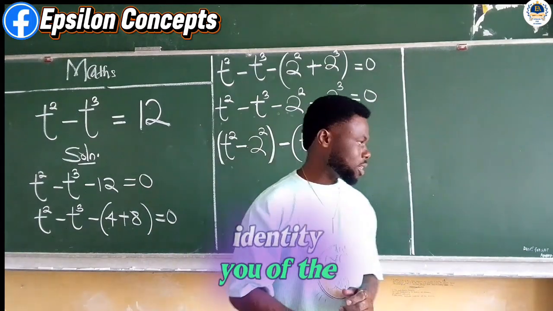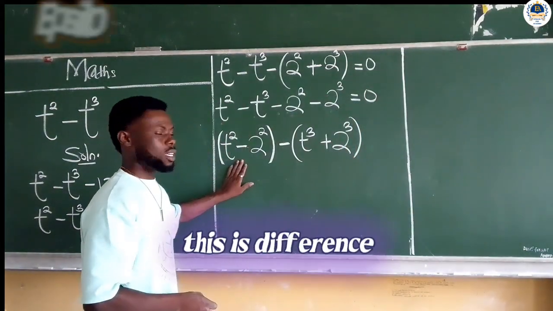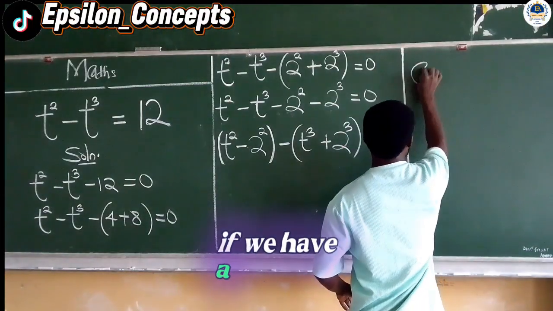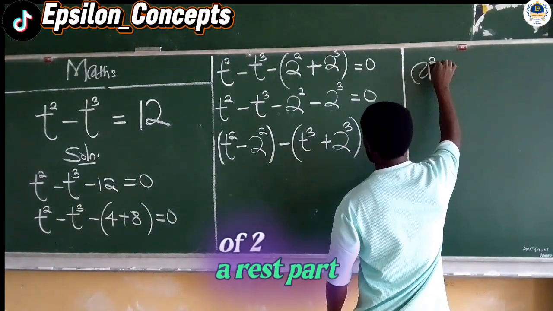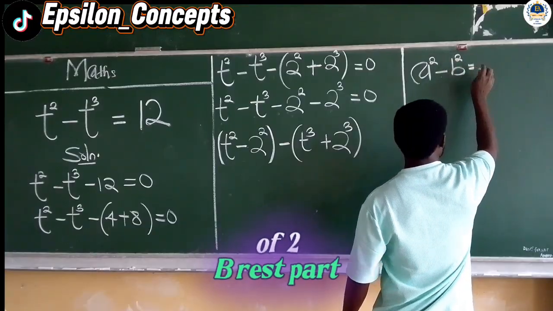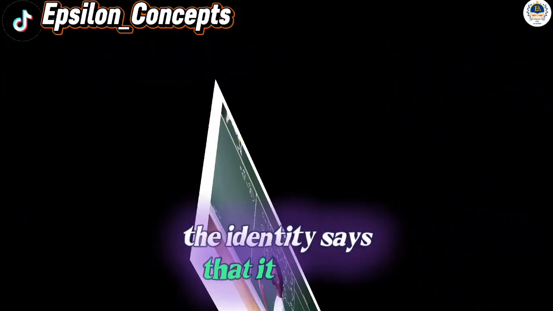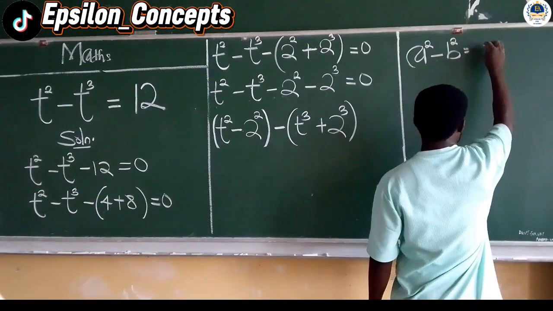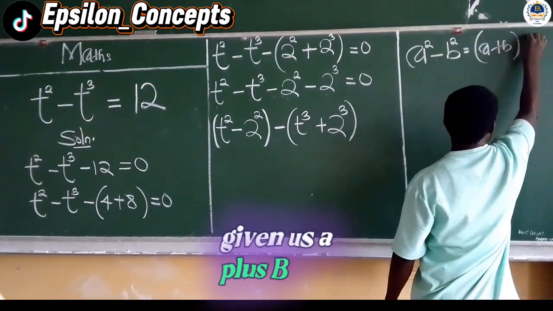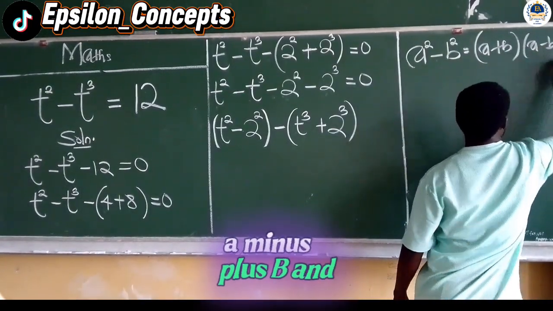Let me remind you of the identity. This is difference of two squares. For example, if we have a raised to the power of 2 minus b raised to the power of 2, the identity states that it will give us a plus b and a minus b.